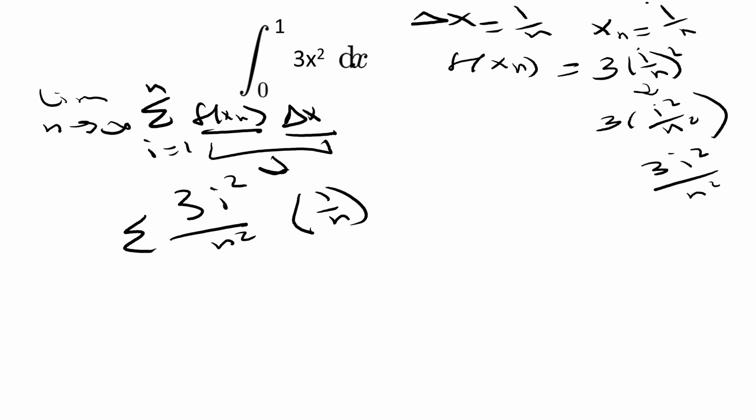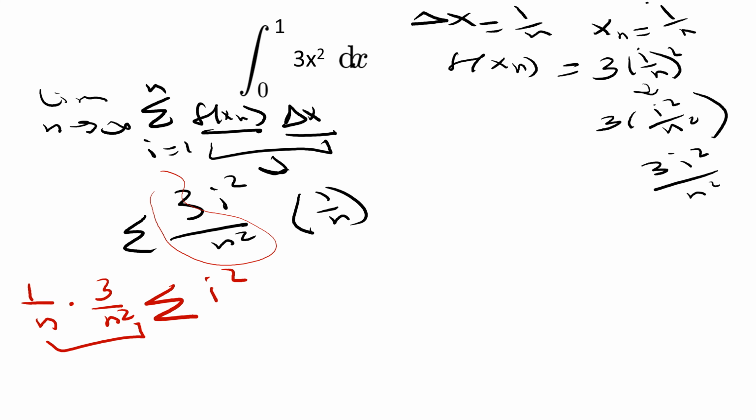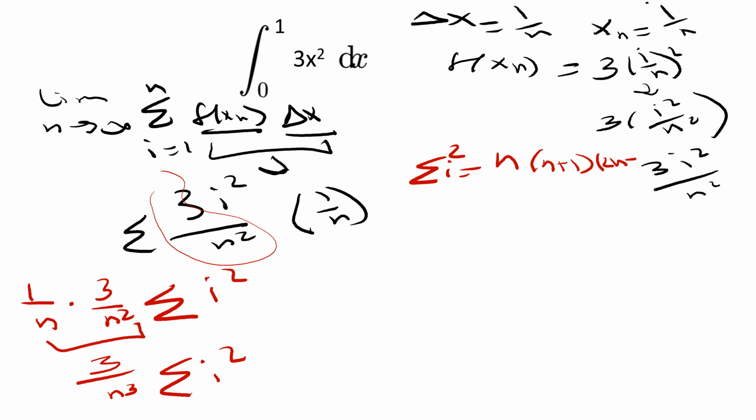I will take this 1 over n out of the summation because I want to find for i squared. So it will be 1 over n cubed times 3, summation of i squared. And we know the summation of i squared gives us n times n plus 1 times 2n plus 1 divided by 6.